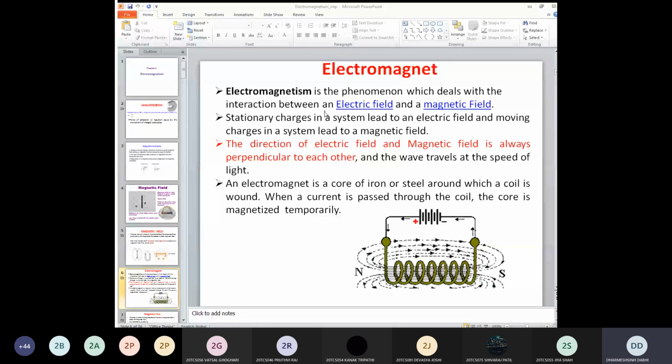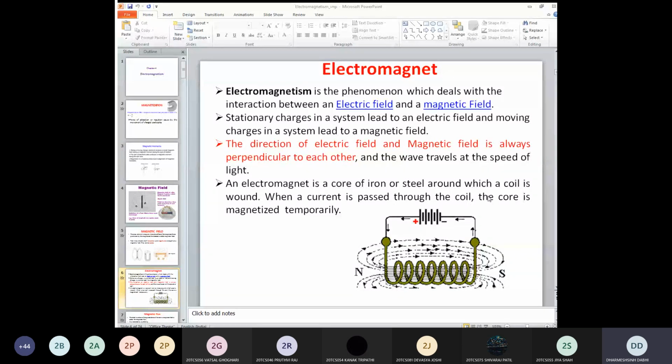Its unit is Weber per meter square, or another unit is Tesla. And like other fields, it is a vector quantity. As you know, the electric field or electric flux density is a vector quantity. Same here, the magnetic flux and flux density both are vector quantities. As we know there are more flux lines at the pole, so flux density is maximum at the N and S poles.